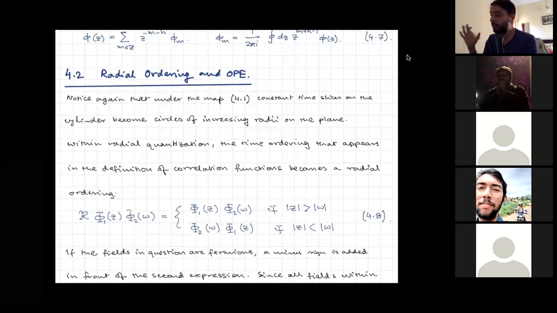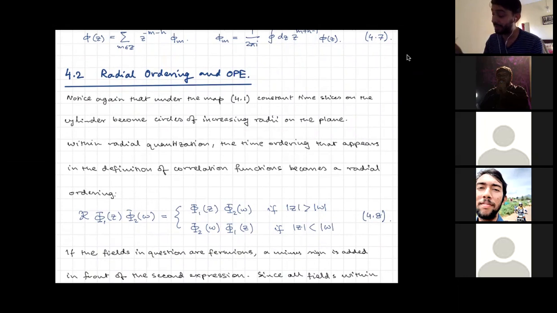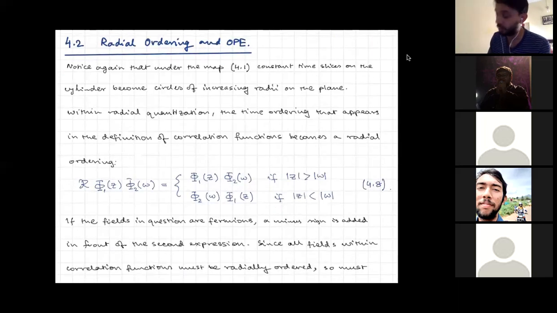So within radial quantization, the time ordering that appears in the definition of these n-point functions becomes a radial ordering. Think of this as: you have learned about time ordering in your usual quantum field theory course.